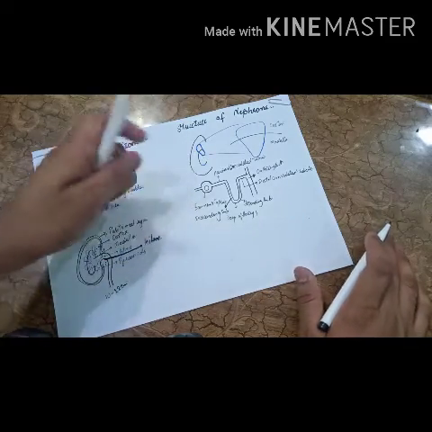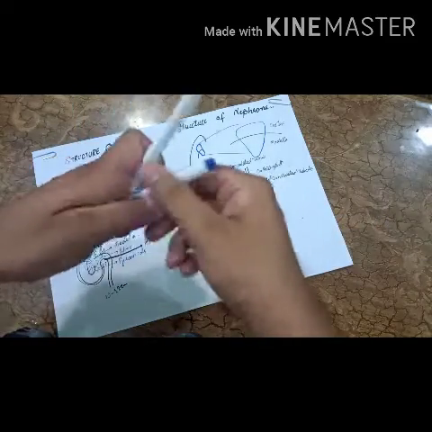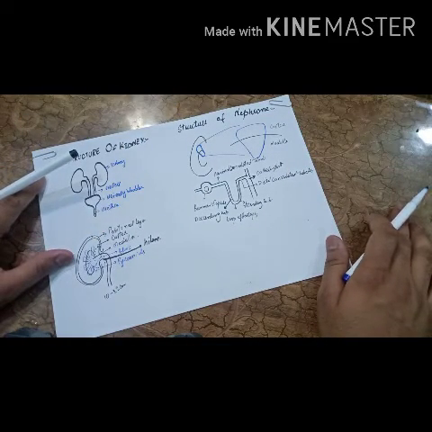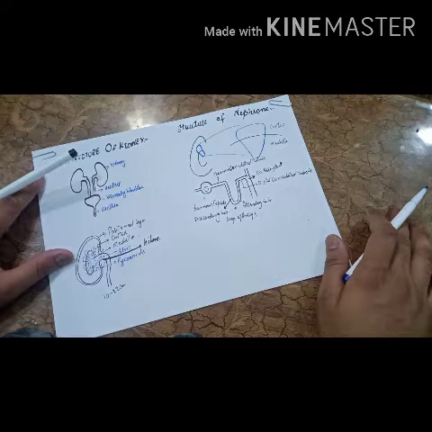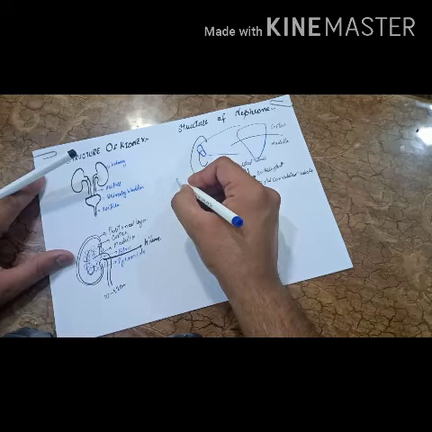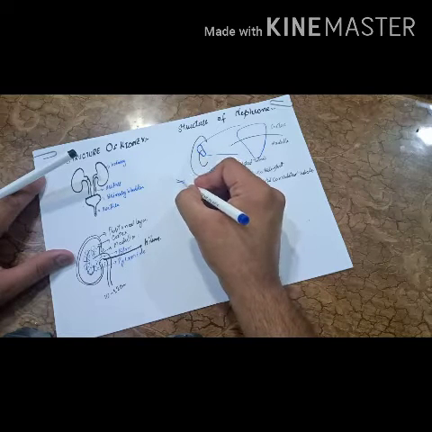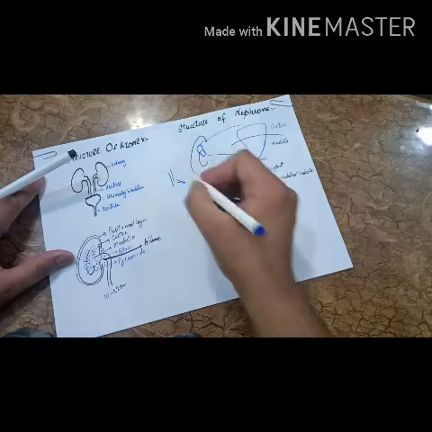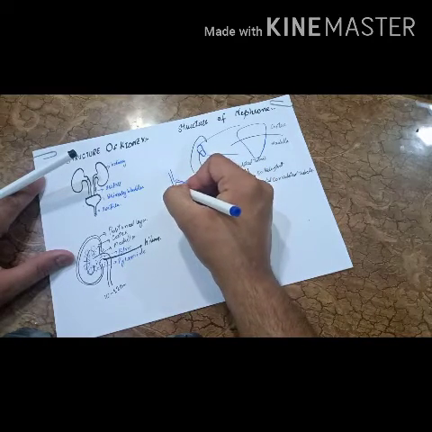नाउ इस स्ट्रक्चर को हम थोड़ा सा वेस्कुलराइज करते हैं. What are the capillaries and arteries which enter into the nephron? A branch of renal artery. Major supply of the kidney is renal artery. Here you can see it is a renal artery.